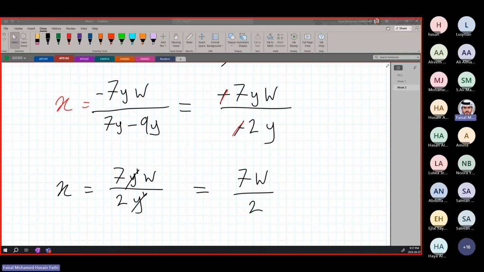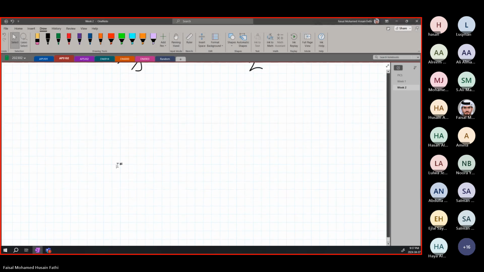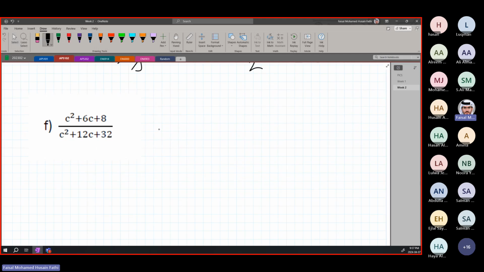And then let's look at this one. Again, you can just use mod 5.3 in your calculator and you can solve it. The same method, but if you want to do the factoring method, you can also do that. But let's do mod 5.3 as it will be very quick for you in the exam to use.